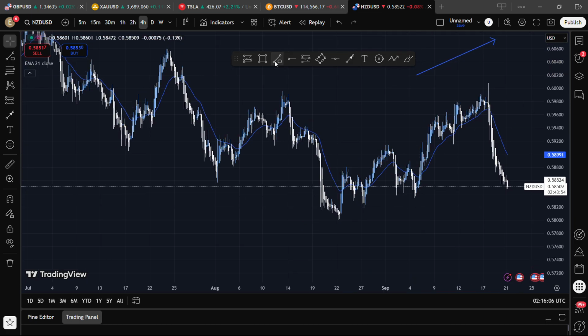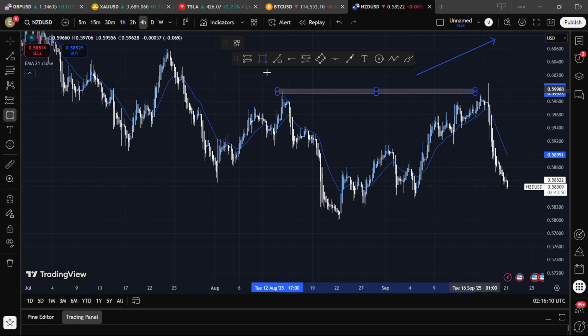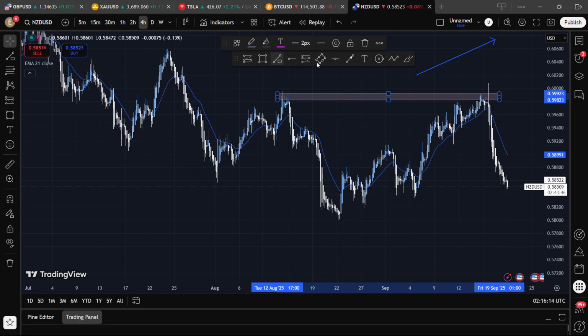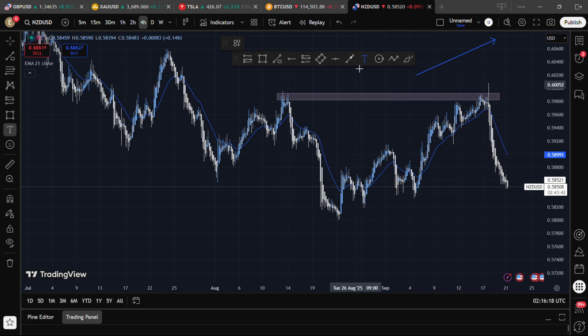So let's mark our support line using the rectangle. So this is my resistance. Okay, this is my resistance over here. So let me type on it resistance for you to see. And let me mark my support line.